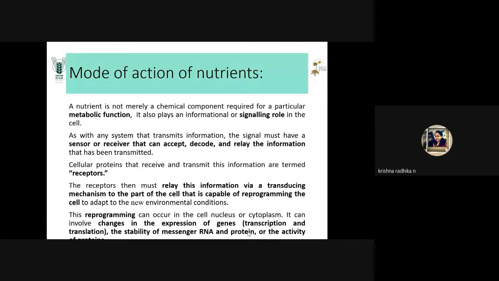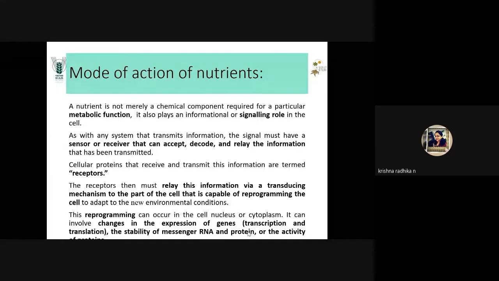Cellular proteins that receive and transmit this information are termed receptors. So when a nutrient comes, it acts as a signal, and that signal is received by the cellular proteins. The receptors then must relay this information via a transducing mechanism to the part of the cell that is capable of reprogramming the cell to adapt to the new environmental conditions.